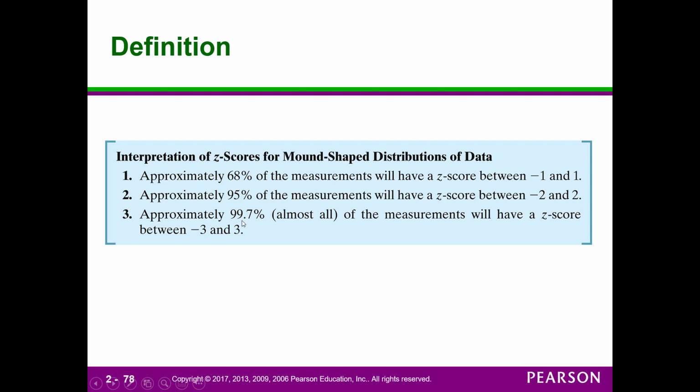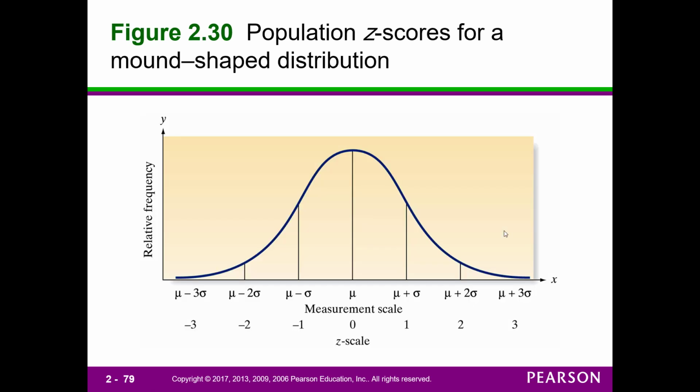Third, approximately 99.7%, almost all, of the measurements will have a z-score between minus 3 and positive 3. Note that this interpretation of z-scores is identical to that given by the empirical rule for mound-shaped distributions.